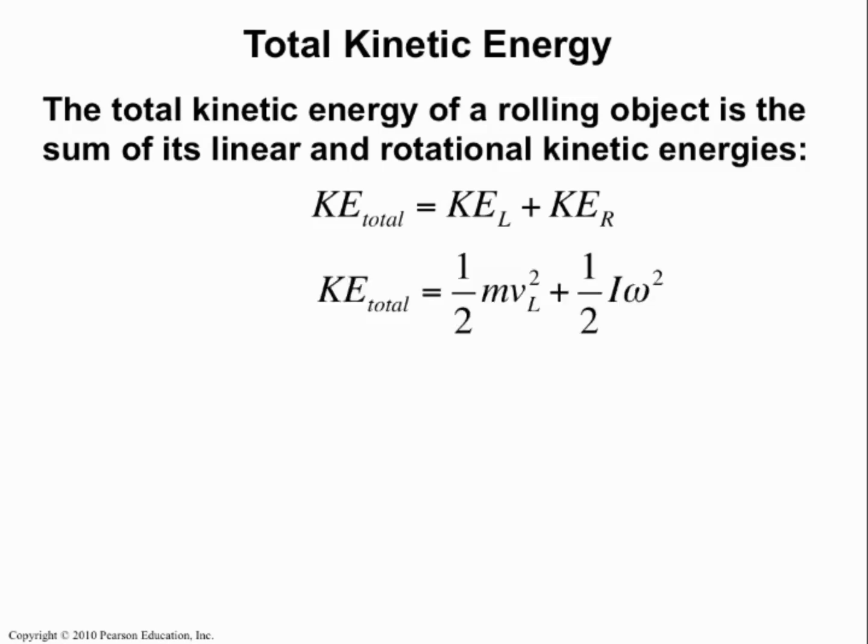So KE total then, replacing it with our definitions, is simply 1/2 mVL squared plus 1/2 I omega squared. And don't be intimidated by this L here, it just means linear. So linear velocity, and linear velocity is normally a synonym for tangential velocity because tangential velocity goes in a straight line.